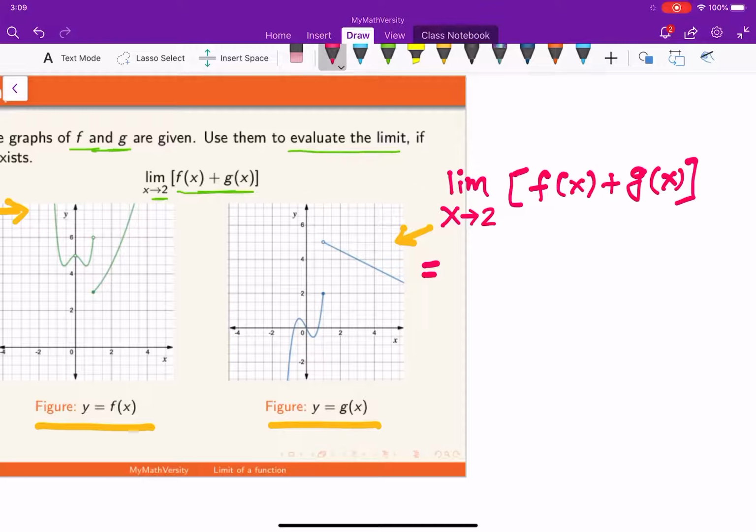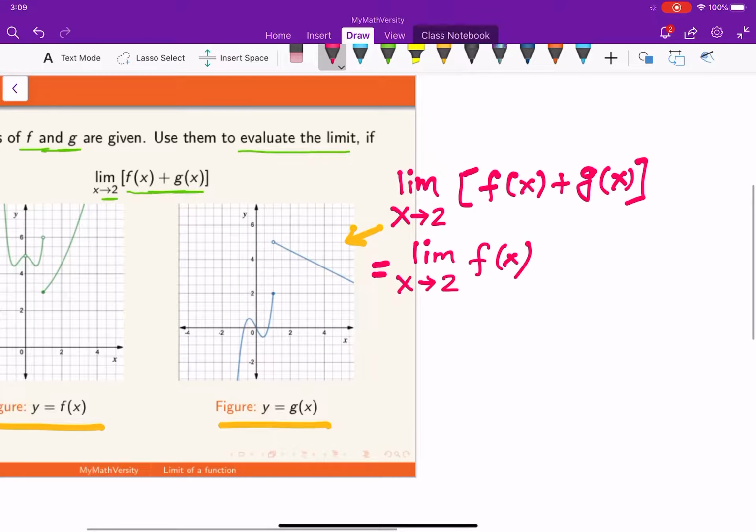What does that mean? Find the limit of the function f at 2, and find the limit of the function g of x at 2. Whatever their limits are, just add them together. That's the sum rule.